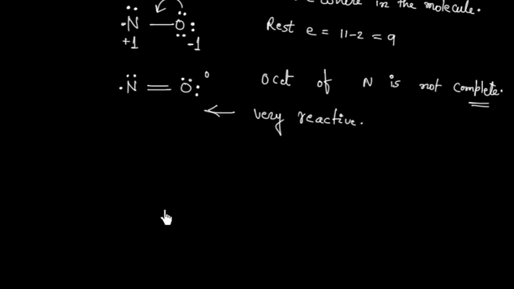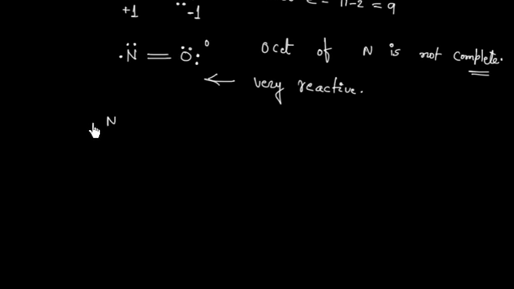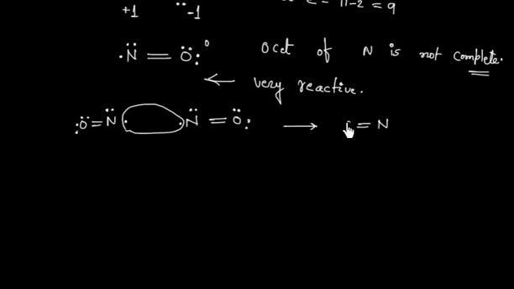And that's why whenever we have two NO molecules, they dimerize. You see we have one NO molecule and this is another NO molecule. If I get another NO molecule, this lone pair and this lone electron form a bond, and they convert into N2O2.